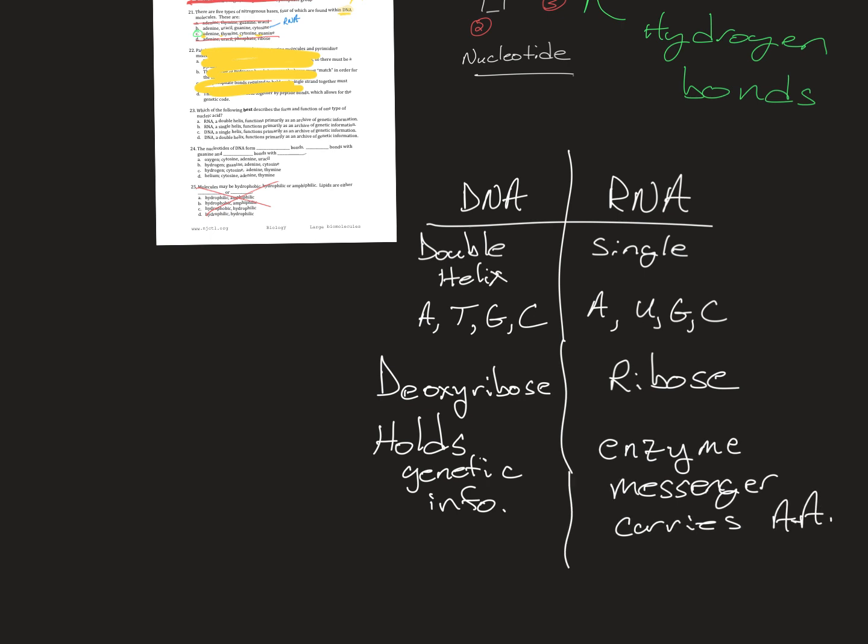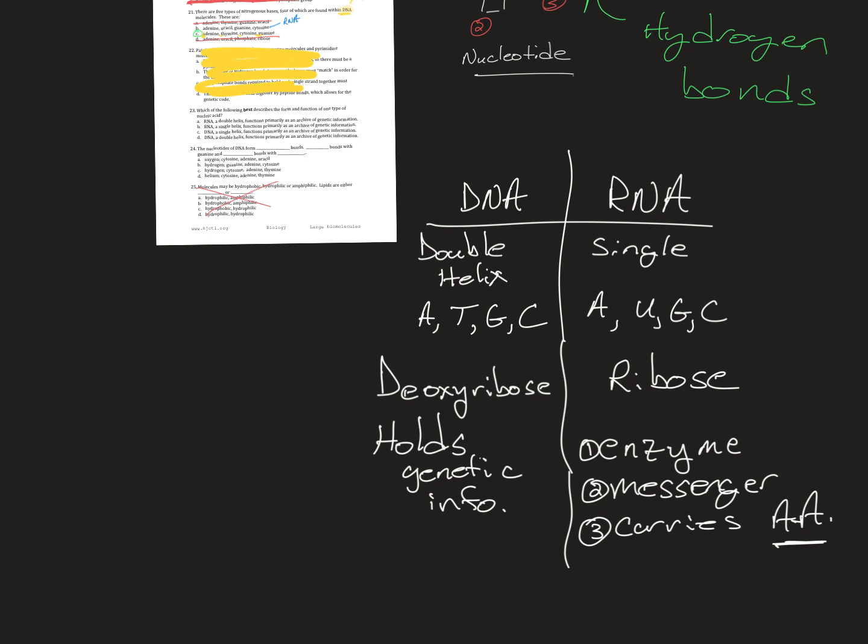There's 3 functions. I think I only mentioned 2 previously. So RNA does a lot of stuff. DNA just holds genetic information. That's all DNA does. DNA is very simple. Its one job is to hold the information that makes you who you are, keeps you safe, and makes you function well. It keeps your blueprint. RNA does a lot of other stuff, but DNA only does that.